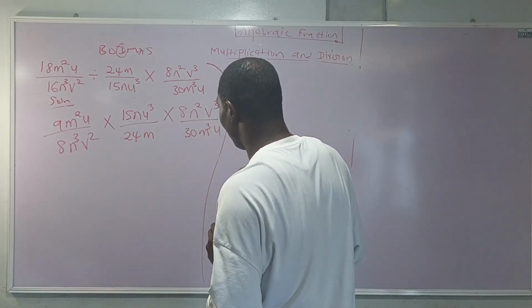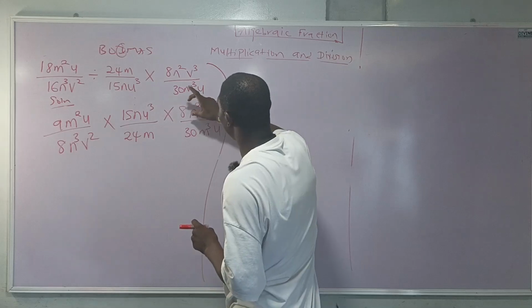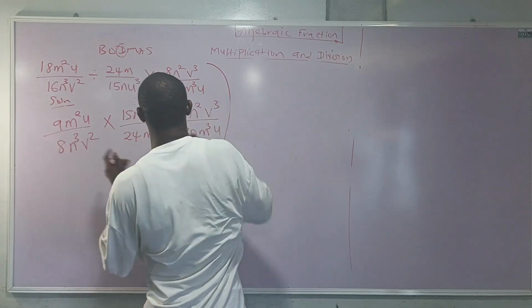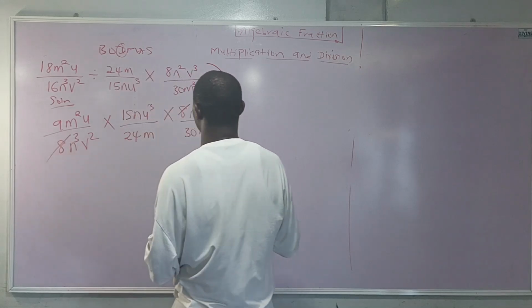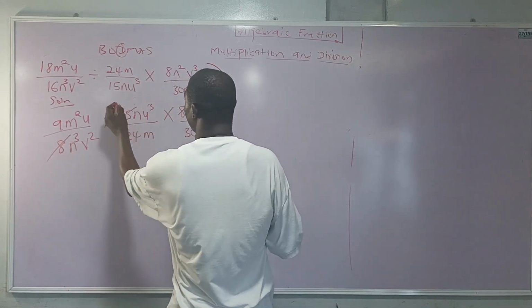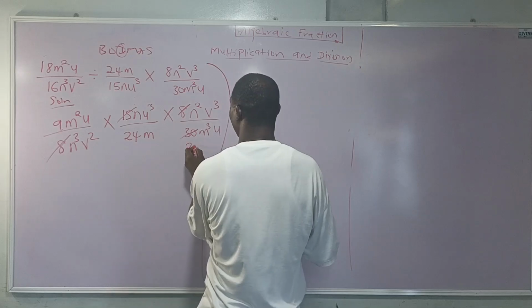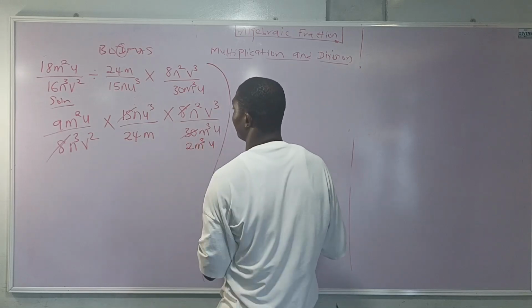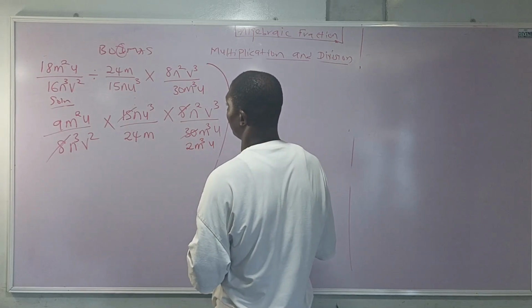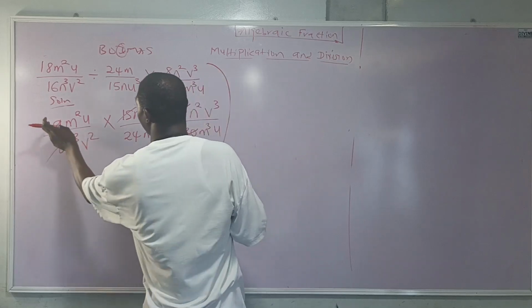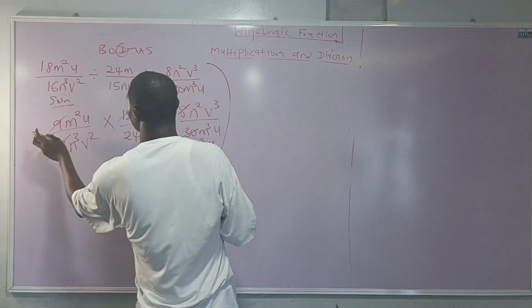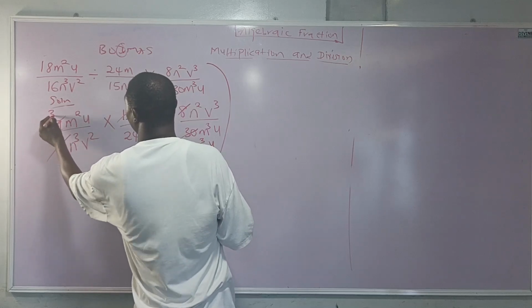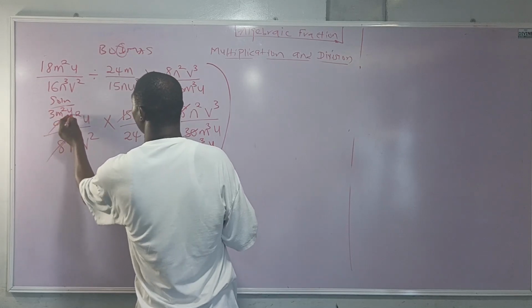Now, let's try to bring all the values in terms of numbers to the lowest form. This can cancel this. 15 here 1, 15 here 2, so I have 2m cubed u. And this 3 can go. 3 here will give me what? 3. Or I have m squared u.